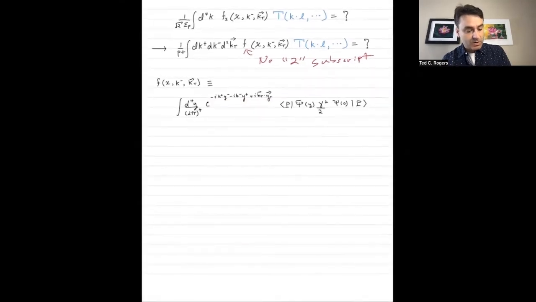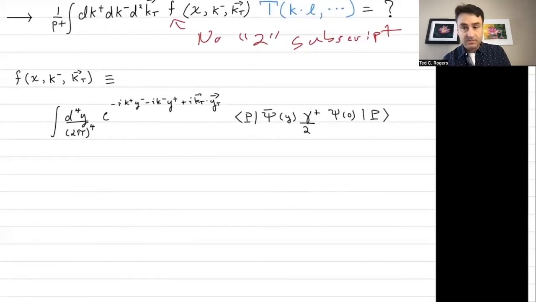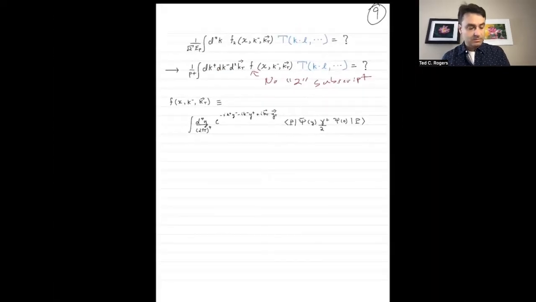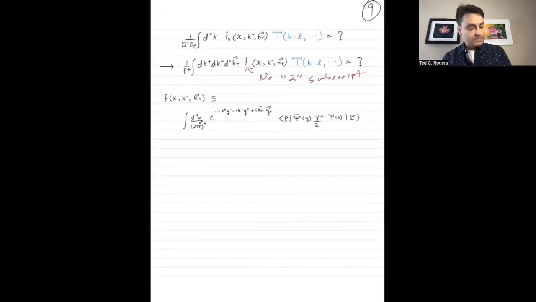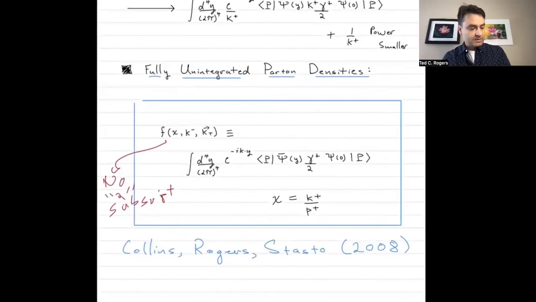Note that it depends on the coordinate in 4 dimensions, y, and it depends on all components because this is still, like I just called it, the 4-dimensional fully unintegrated definition.